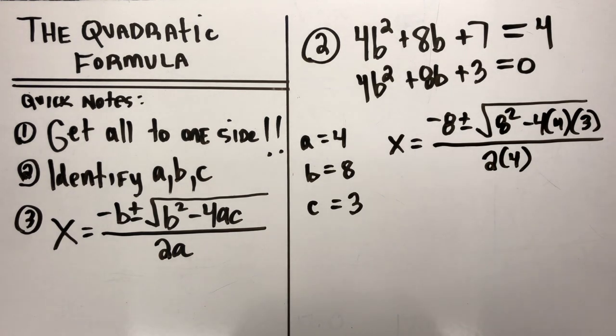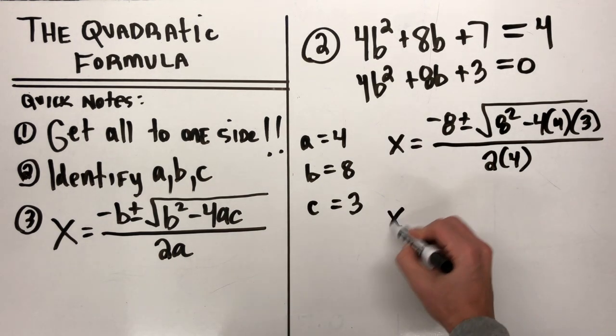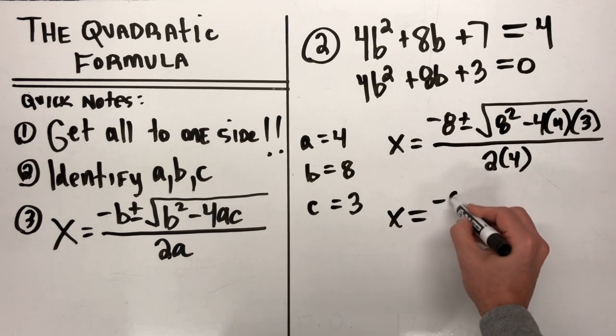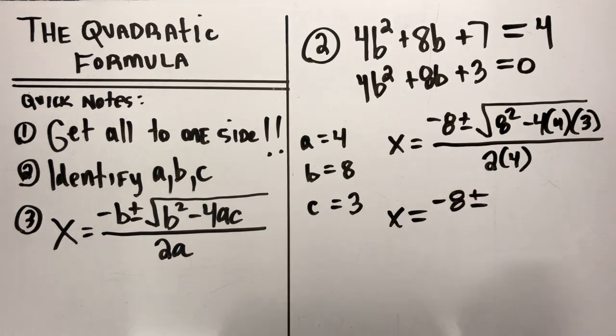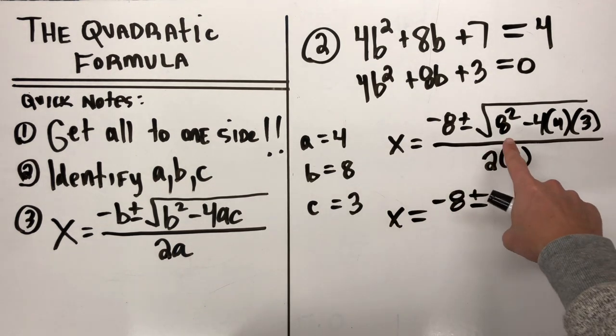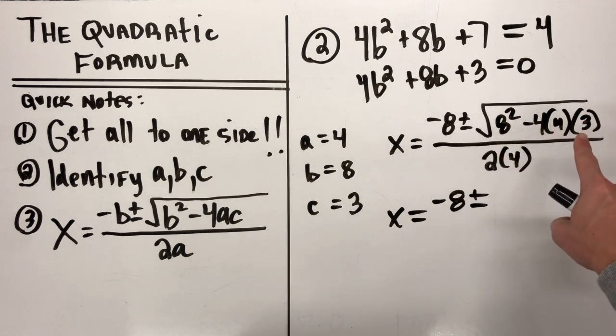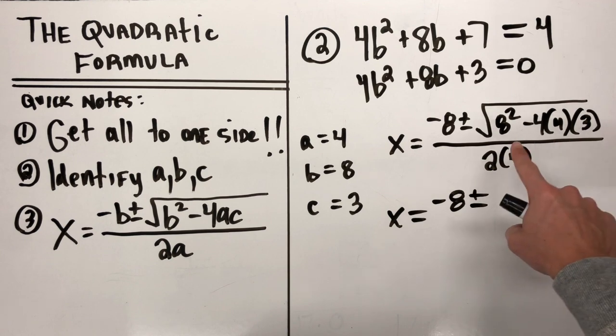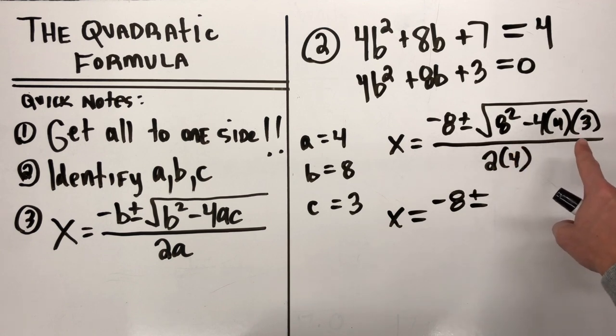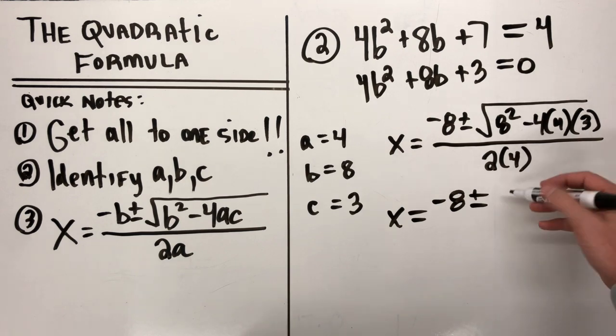Now we'll just kind of evaluate this in pieces. So our x-intercepts are going to be negative 8 plus or minus. 8 squared is 64. 4 times 4 times 3 is 16 times 3, which is 48. 64 minus 48 is 16.